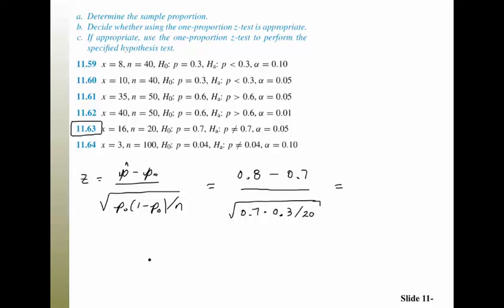Once you get that value, say it nice and loud, and then see if we get confirmation on that. And this whole thing is in the square root, and that whole thing is in the denominator.